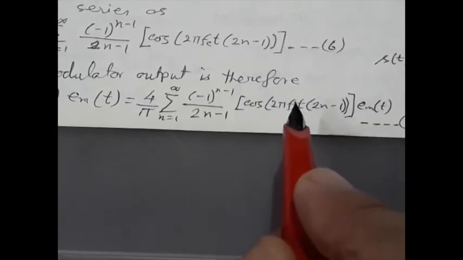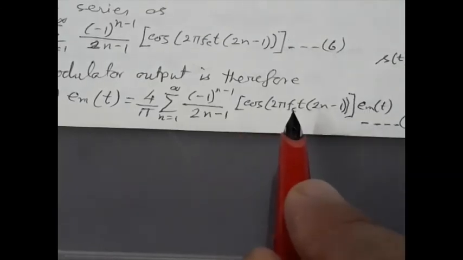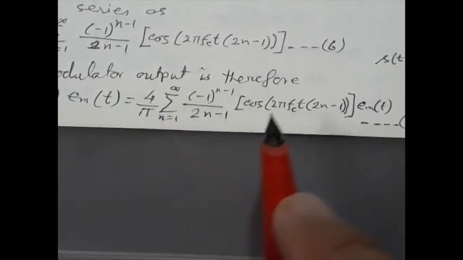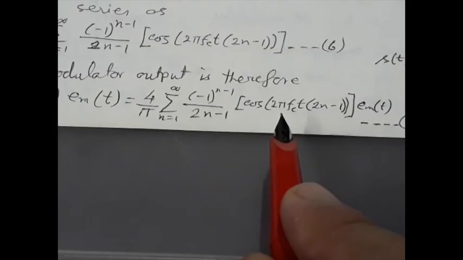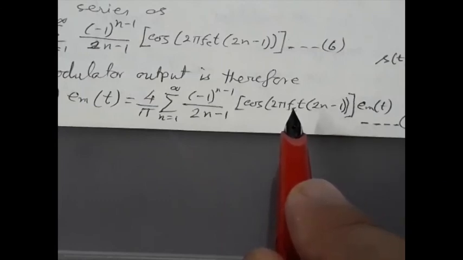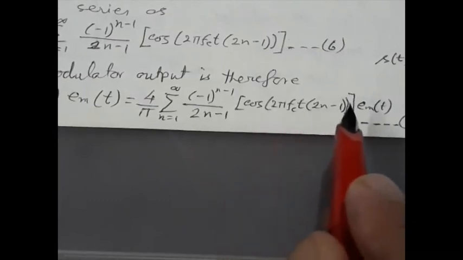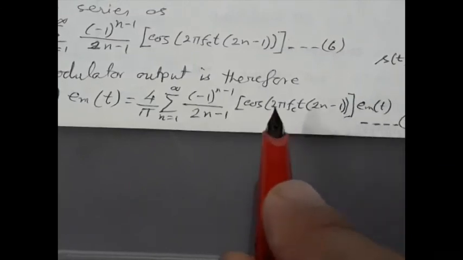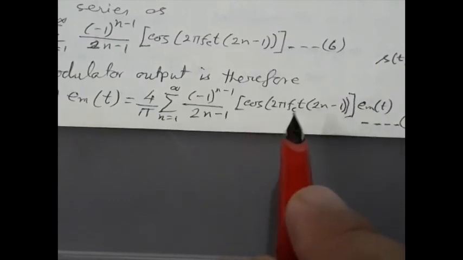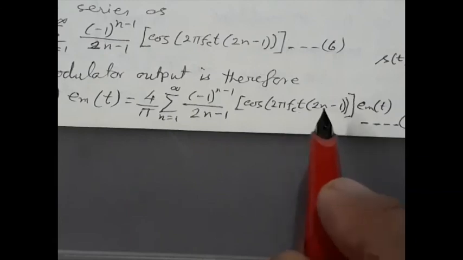So for n equal to 1, the output becomes em(t) into cos 2 pi fc t along with some coefficient, and this is the desired signal. Now for n equal to 2, 3, 4 and so on, you will have 3fc, 5fc and so on, and these are the out of band signals, so they must be removed from the modulator using a band pass filter.